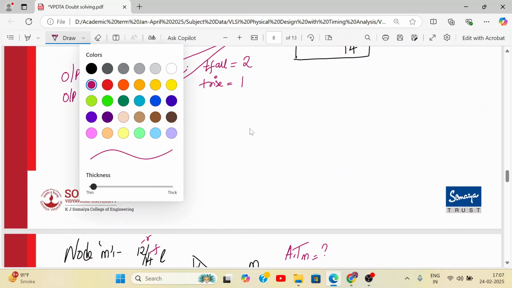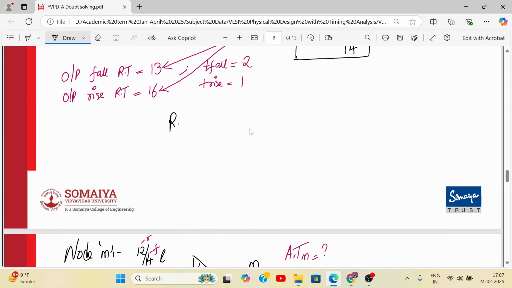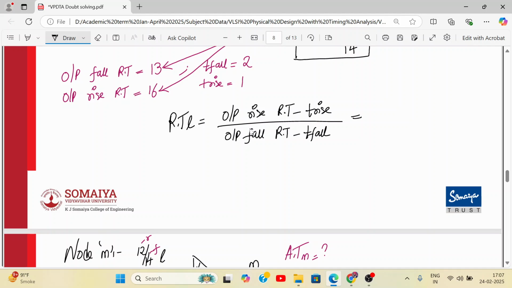So what will be the required time? Required time at node L will be output rise required time minus T rise upon output fall required time minus T fall.